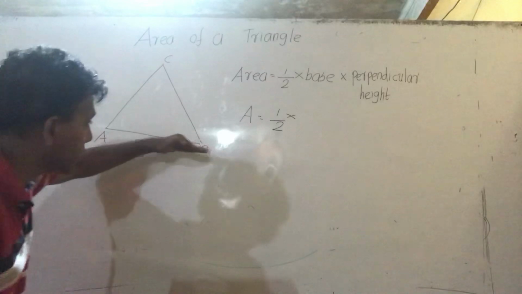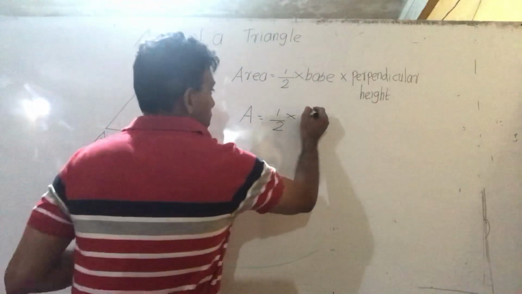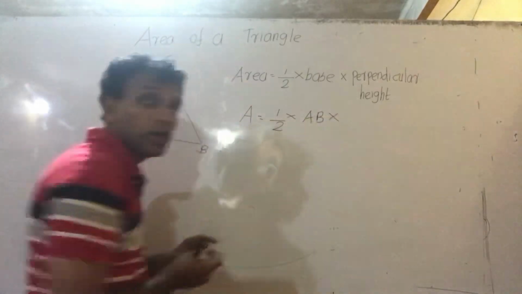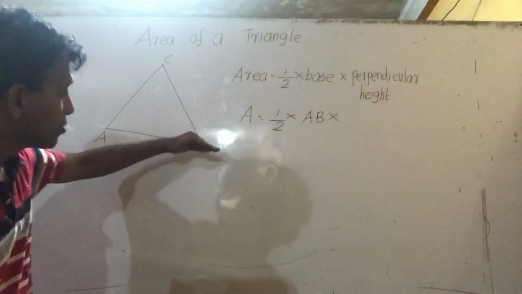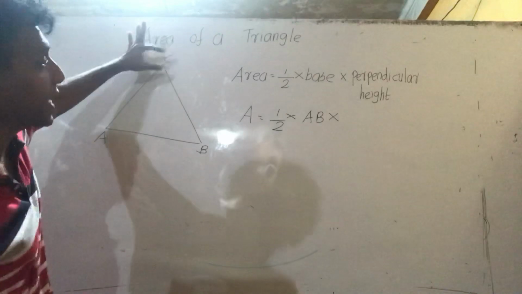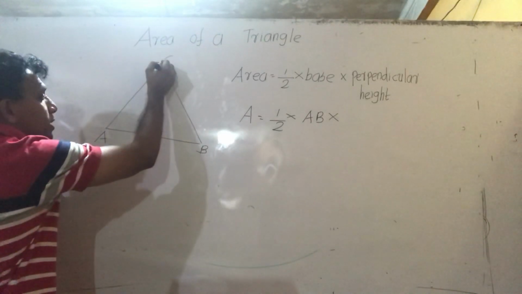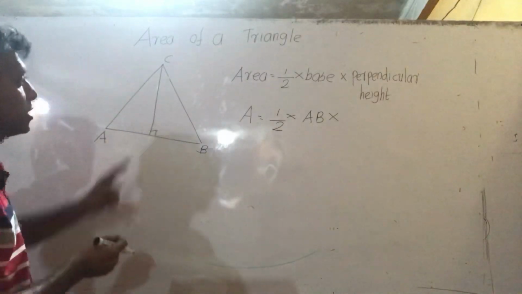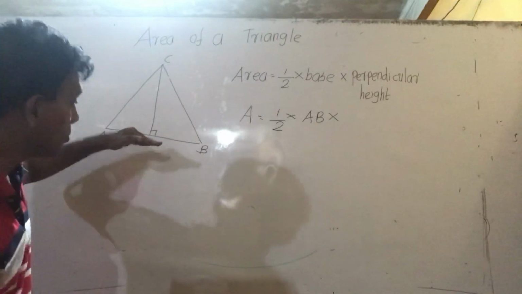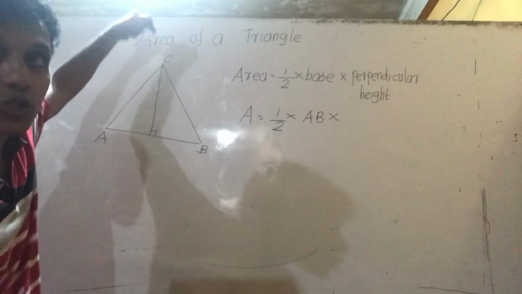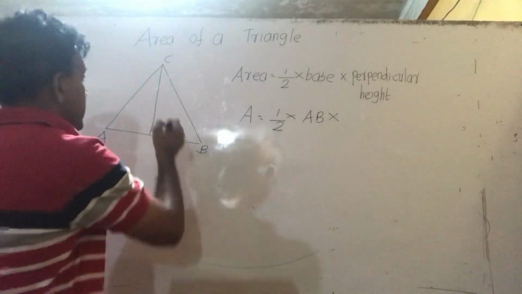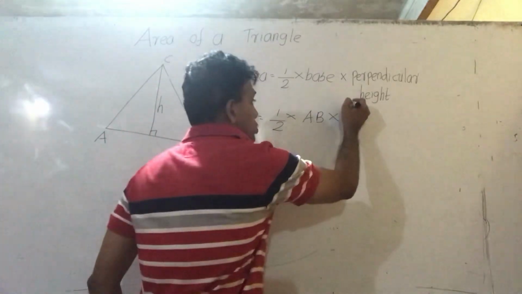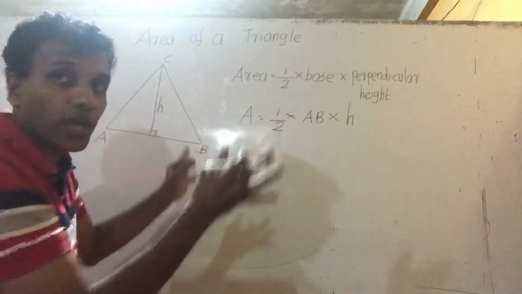If I take AB as the base, the perpendicular height is to this base from the opposite vertex C. From here, you need to draw a perpendicular height, a line from the vertex opposite AB. If I call the height H, the equation is half into base into H.